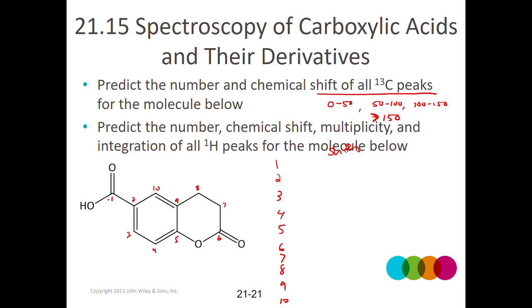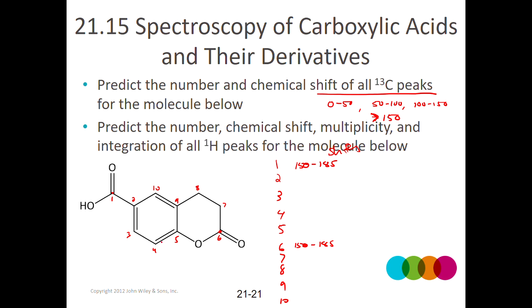So carbon 1 is part of a carboxylic acid. It's a carbonyl carbon, so I expect it to be probably between 150 and 185. I could say the same thing about carbon 6. I wouldn't usually expect that to be up around 200 unless it's a ketone or an aldehyde rather than a carboxylic acid or an ester.